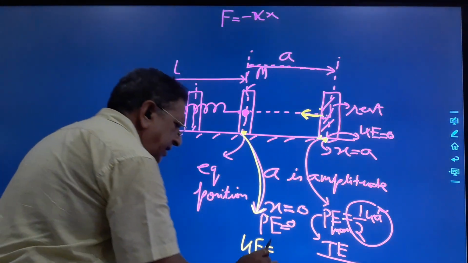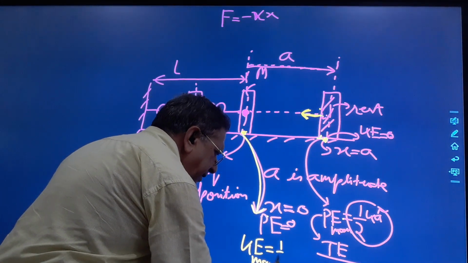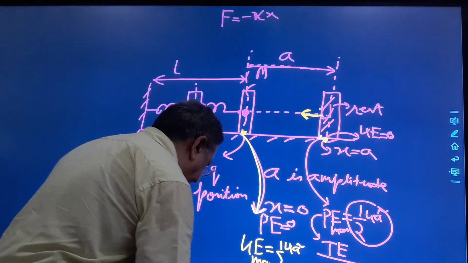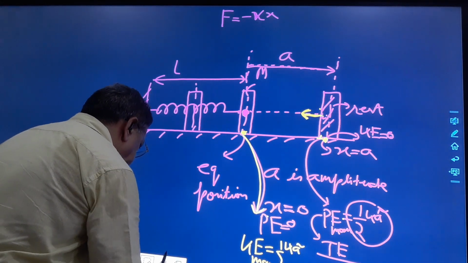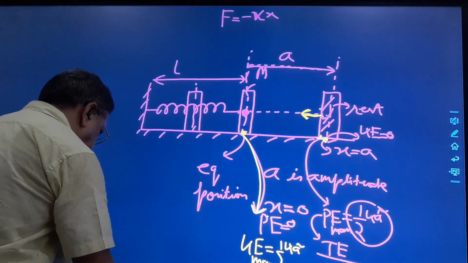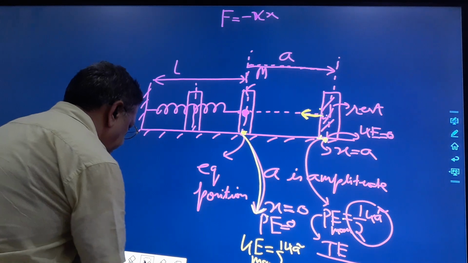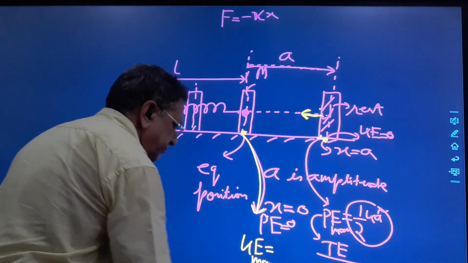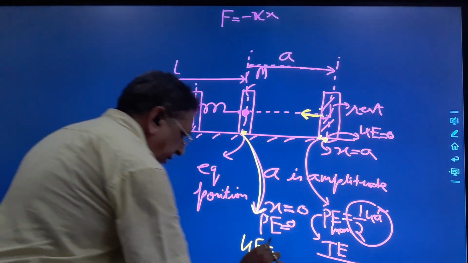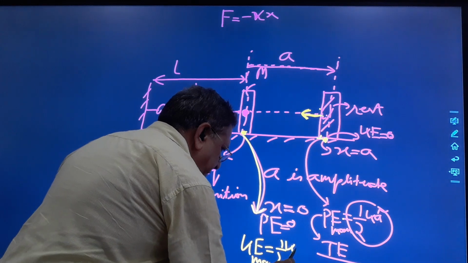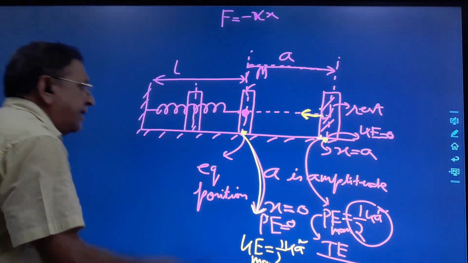So kinetic energy is maximum, that is half k A square.